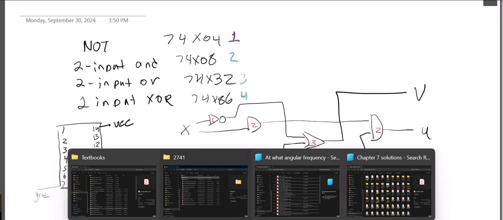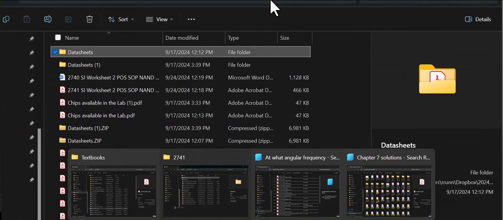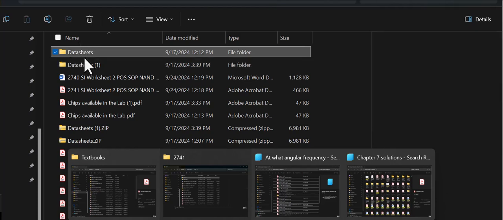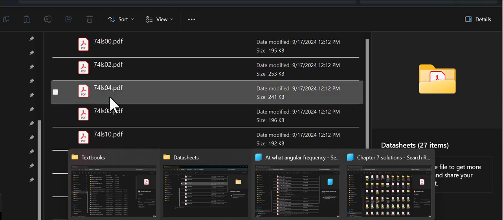So after you have downloaded the data sheets, you go to the data sheet and what was the inverter? Was it 4? Yes, 04.